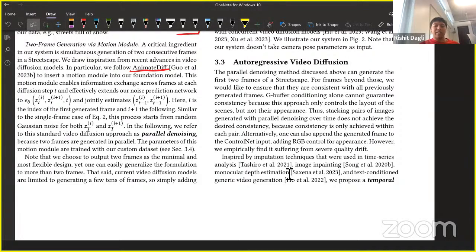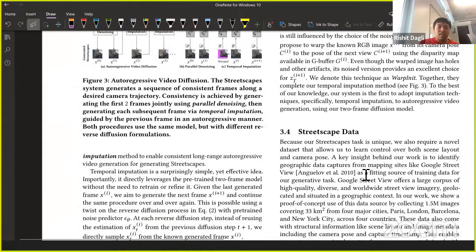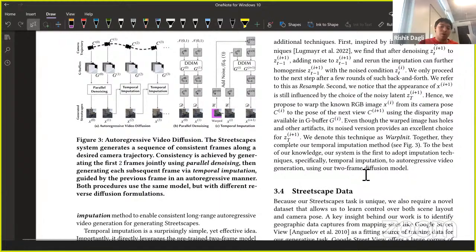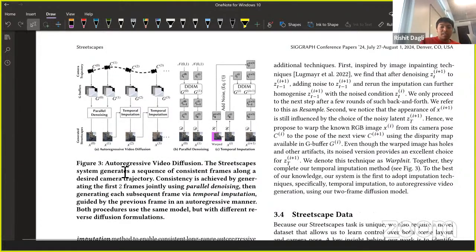It's really hard to maintain a good level of consistency with this. So for this reason they start by talking about temporal imputation, which is how they do autoregressive generation. This is a quite simple idea.